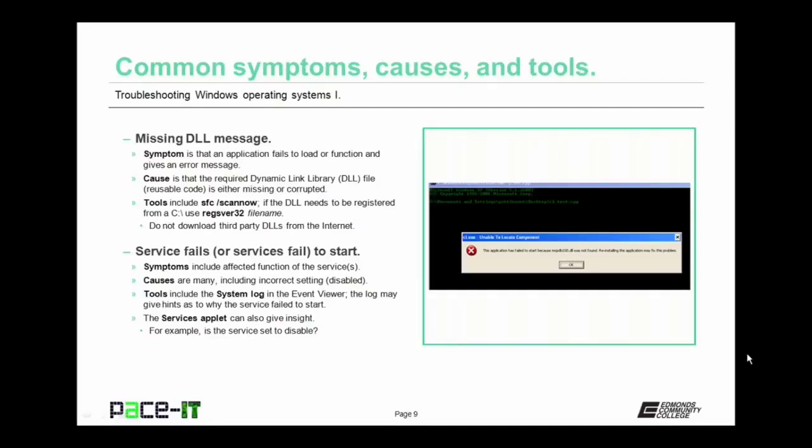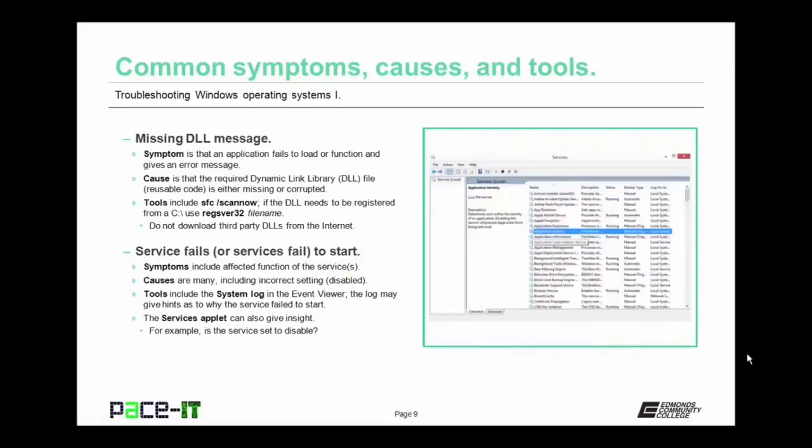A lot of times that'll reload the proper DLL file. In some cases, it may be necessary to register your DLL file. And to do that, you use the regsvr32 command. Whatever you do, do not download third-party DLLs from the internet. That's a common way to actually download and install malware on your machine.